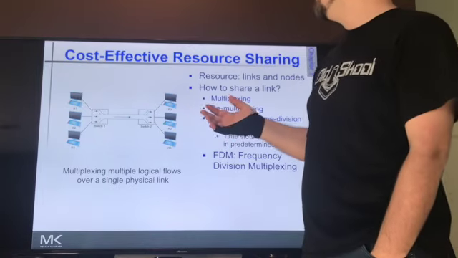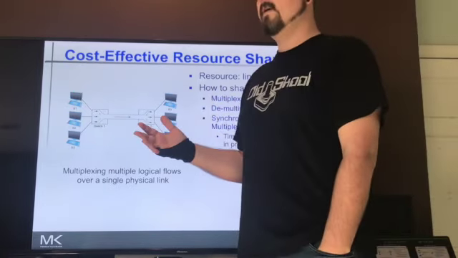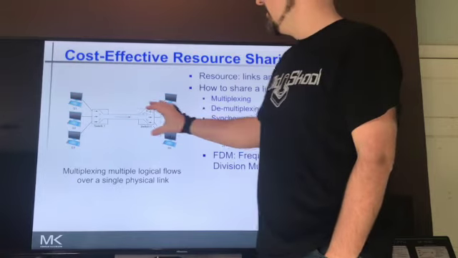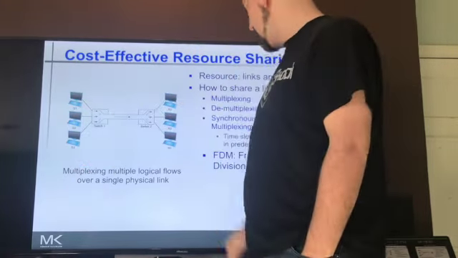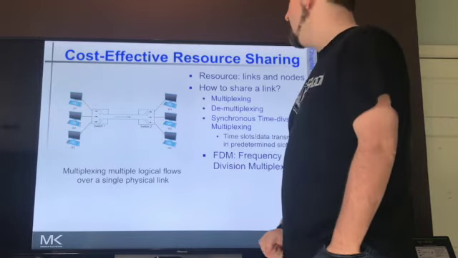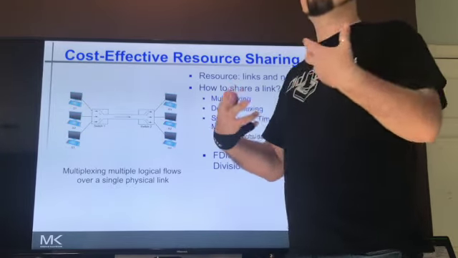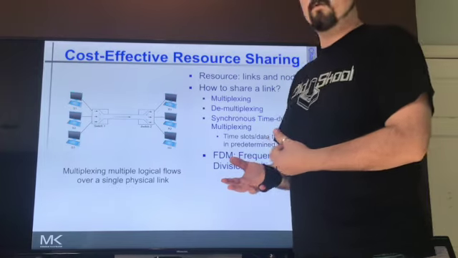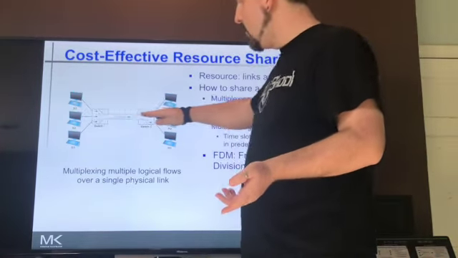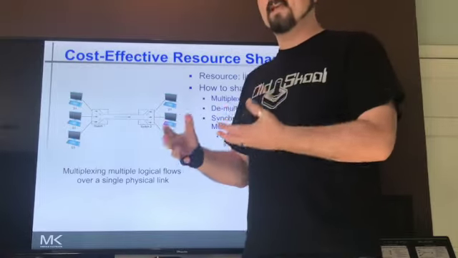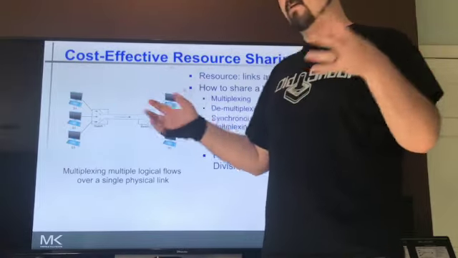This process of gathering all of the messages together to send them out onto the wire is what we call multiplexing. You're taking data from multiple sources, but they're all going out on the same link. And so you're multiplexing data.